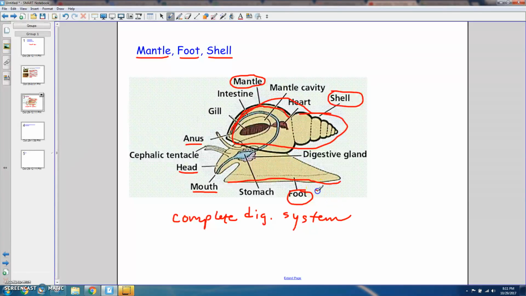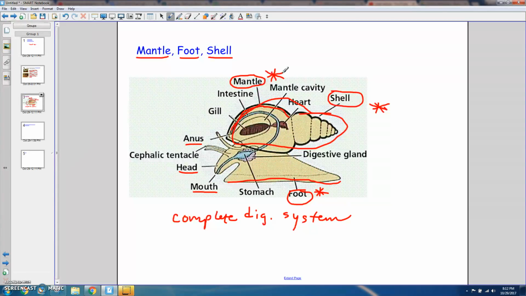As I pointed out, and you should make note in your notes, they have all three of these things present. As we work through this lab, I want you to think about the other groups of mollusks and how they are designed. We will be working with clams and oysters, and we also will be working with squid, which is our representative cephalopod.